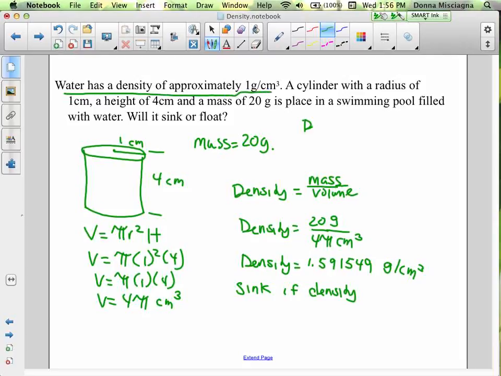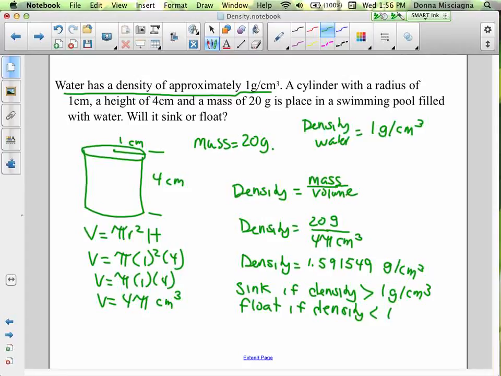So it'll sink if the density is greater than 1 gram per centimeter cubed, and it'll float if the density is less than 1 gram per centimeter cubed.